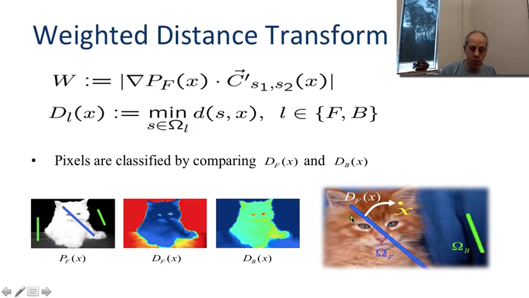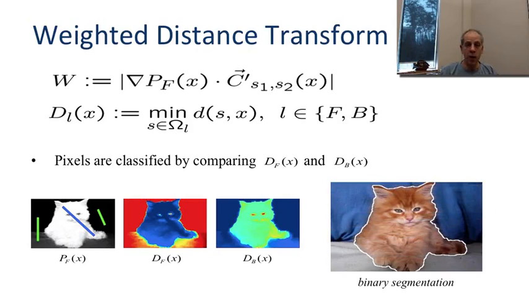The cost is given by this function: the less it changes the probability of being foreground, the lower the cost. We do the same for the background for every pixel. And then we ask: is it cheaper for you to get to the foreground scribble than to the background scribble? Then I call you a foreground pixel. If it's the other way around, I call you a background pixel. Very easy. All the computations are done by computing this minimal effort curve, going through the image only once.